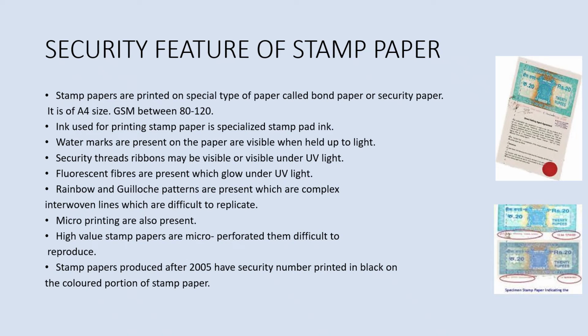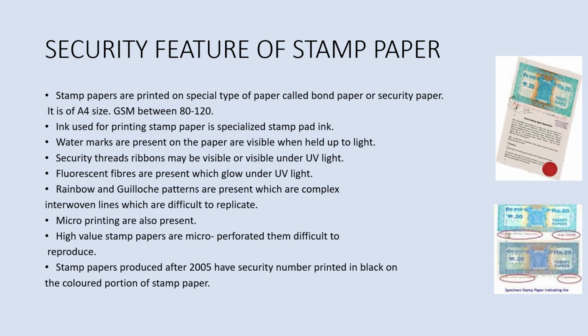Now, the security features of the stamp paper. The stamp papers are printed on a special type of paper called bond paper, and they are of A4 size with a GSM of 80 to 120. It varies. The ink for printing the stamp paper is a specialized stamp pad ink.